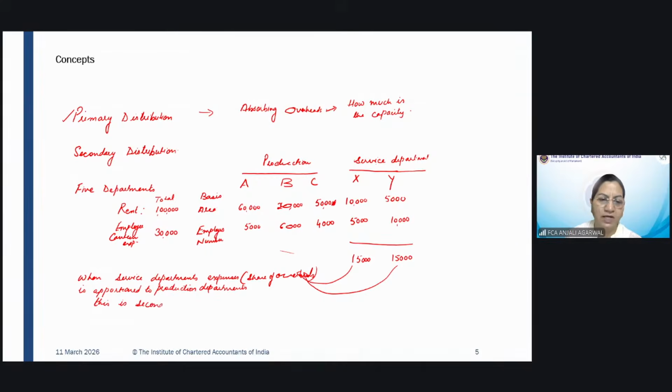Once again, secondary distribution will take a reasonable basis on which the service department expenses should be divided amongst the production departments.